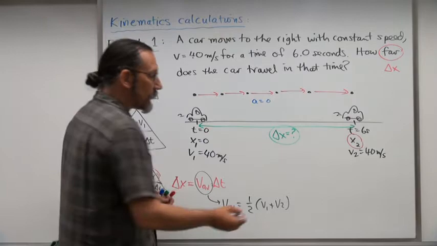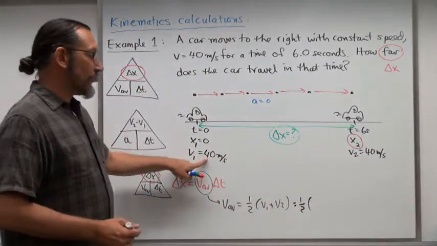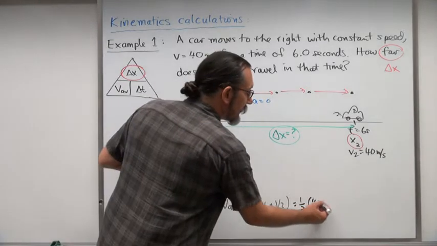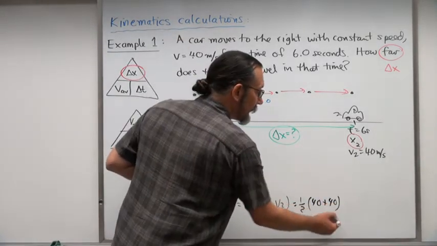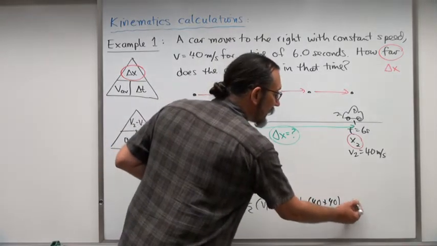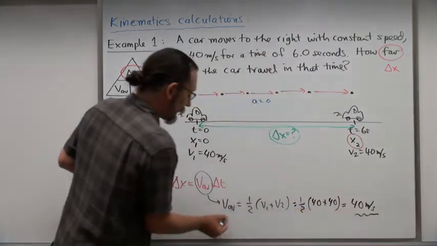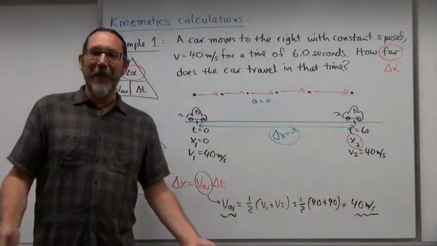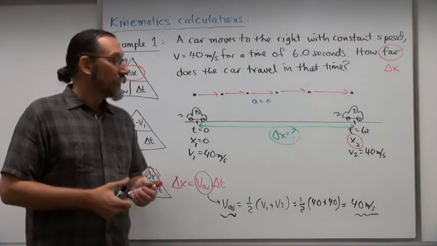Well, in this problem, you say, what's v1? Well, I know v1 is 40. And what's v2? Well, v2 is also 40. So 1/2 of 80 is 40 meters per second. And you say, well, of course I knew that, right? It was constant speed. If something's got constant speed, the average is just the same value.